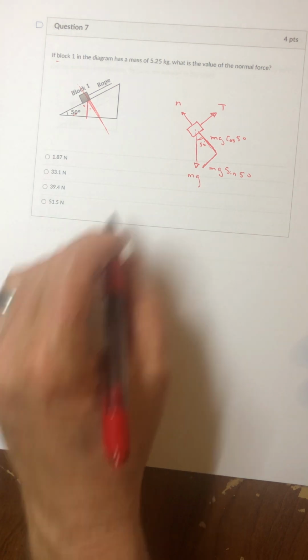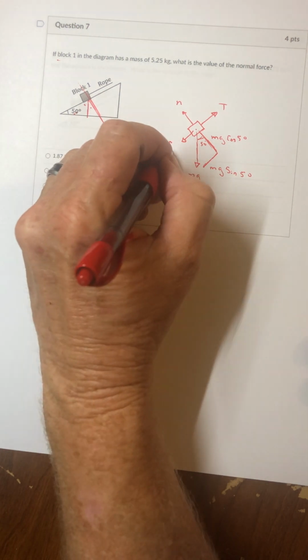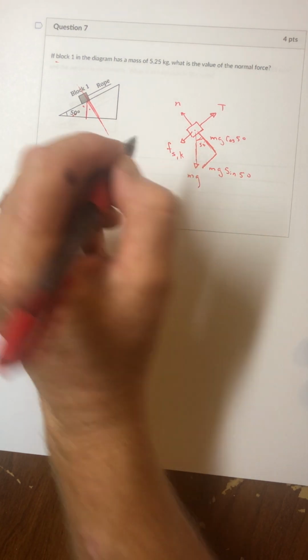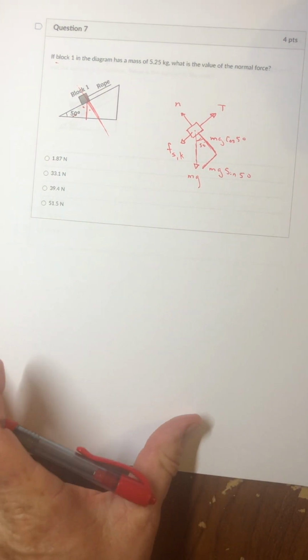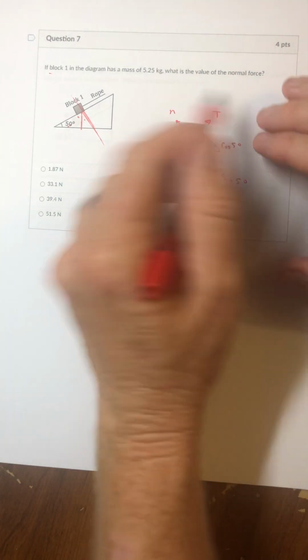Now, I suppose it doesn't really say, but there could be some friction, either static friction or kinetic friction. Kinetic if it's moving on up, static if it's a rough surface of some kind, or it could be frictionless. They don't say.